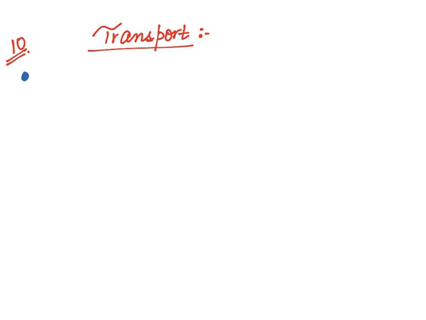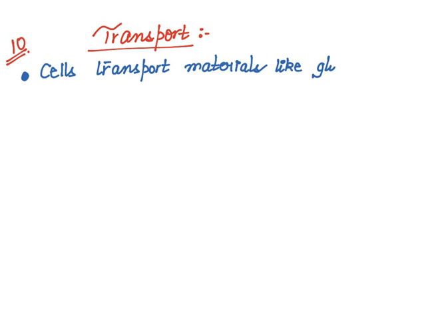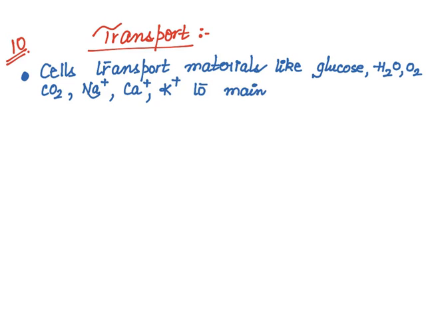So the first point under this is that cells transport materials like glucose, water, oxygen, carbon dioxide, sodium ions, calcium ions, and potassium ions to maintain a certain internal environment.